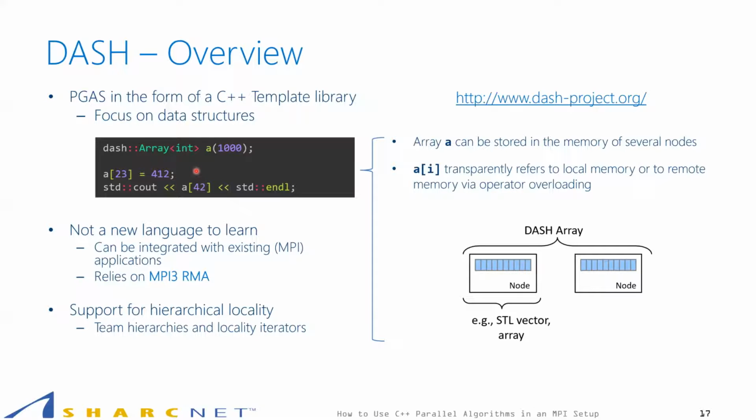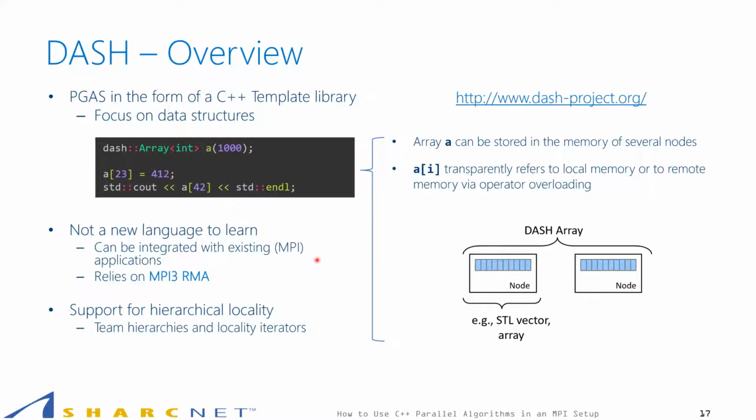For example, here, array A can be stored in memory of several nodes. A[i] transparently can refer to local memory or remote memory via operator overloading, which is a feature in C++.